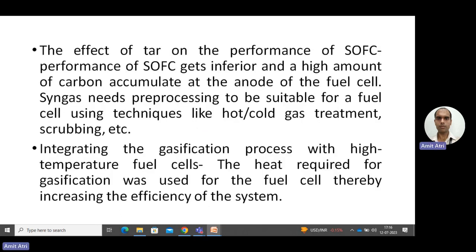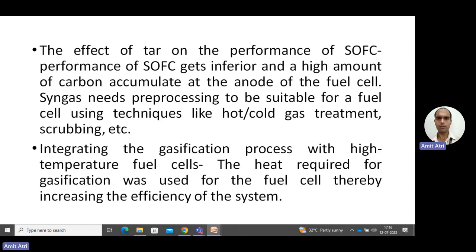So the effect of tar on the performance of the solid oxide fuel cell. This tar is present if the input gas or the fuel gas is not pure. So we need to remove the tar. I will discuss it. So what is the effect? The performance of the SOFC gets inferior and a high amount of carbon accumulates at the anode.